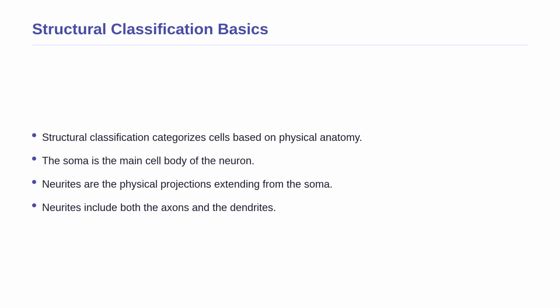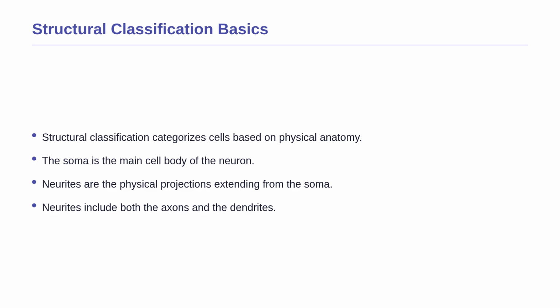Having seen the medical importance of classification, let us now focus on how we classify neurons structurally. Structural classification is the systematic categorization of nerve cells based on their specific anatomical characteristics. When we look at a neuron under a microscope, we see a main cell body, which is known as the soma.